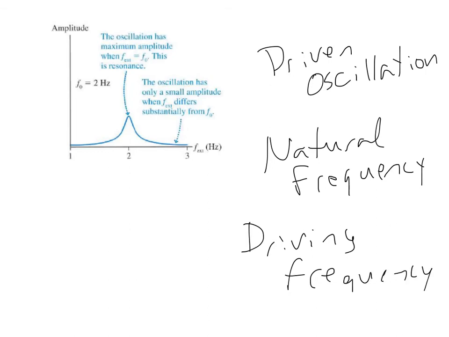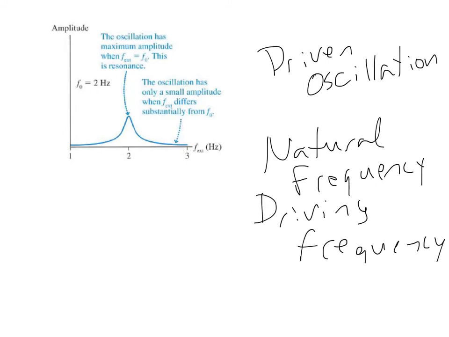Now, the driving frequency is completely independent of the oscillator's natural frequency. Somebody or something in the environment selects the frequency of the external force, causing the force to push on the system so many times per second.